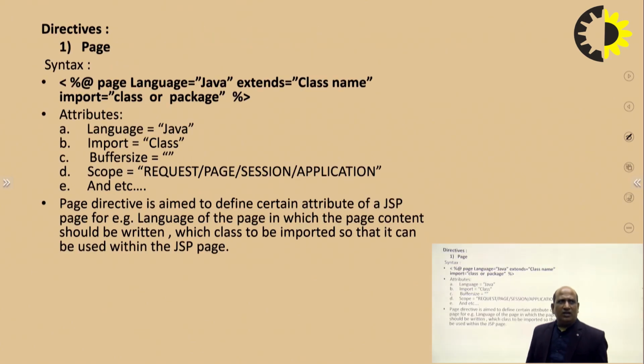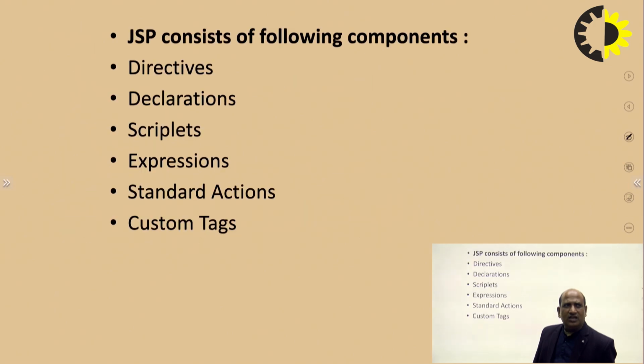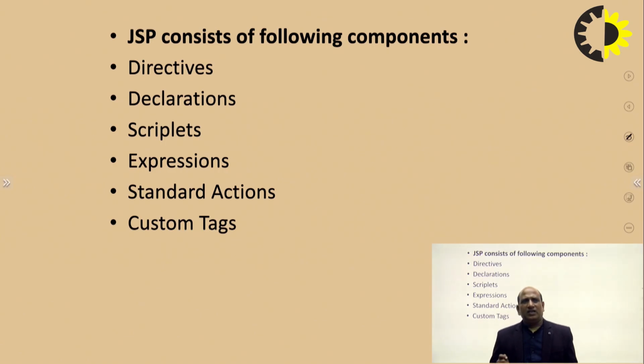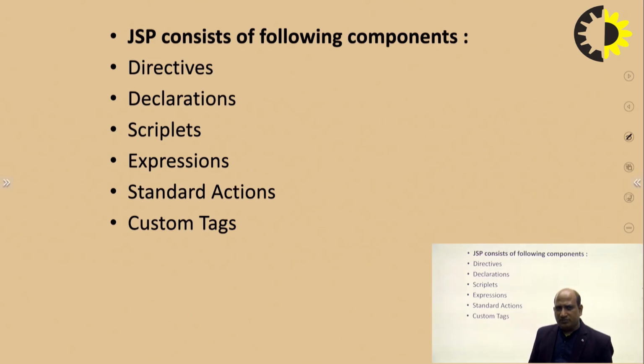What is the directive tag? As the name suggests, directive tags are the directions, the instructions that are given to the JSP container, which the container has to follow before the actual processing of your JSP page.